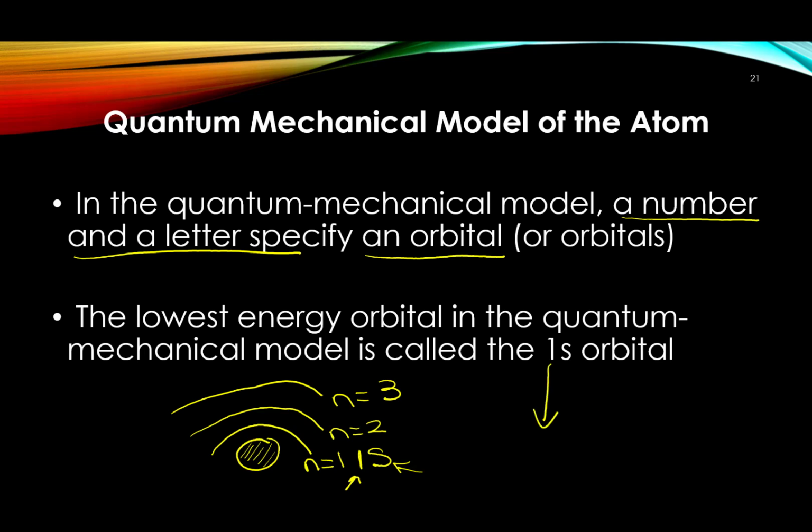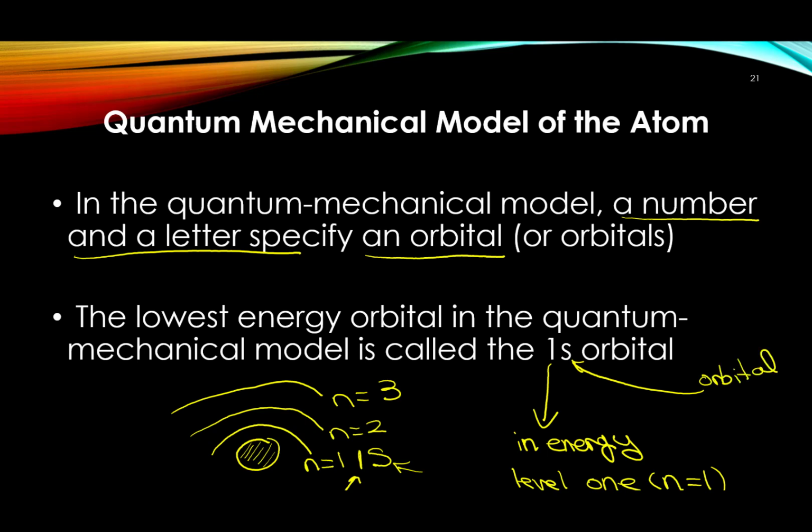That s is the name for the orbital that can exist in energy level 1. In energy level 1, we can only have the s orbital. That's the only orbital that exists.